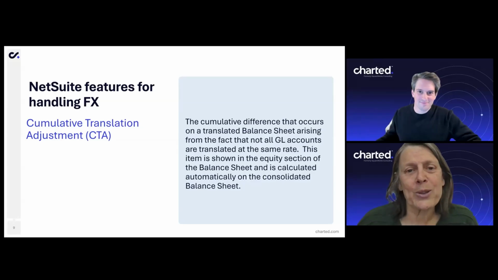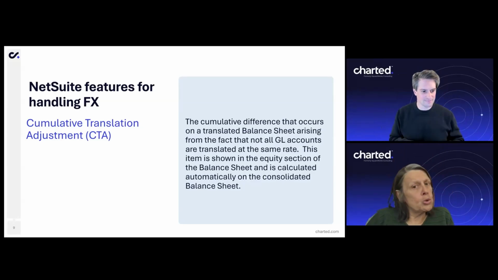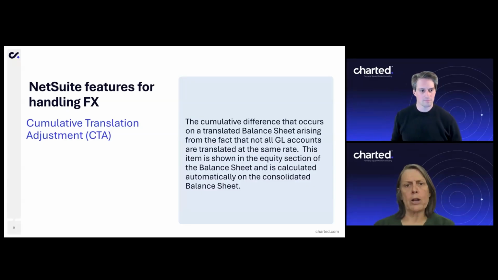Wow. That's quite the question. It is a great question. You should still be able to invoice in multiple currencies on one project, even if the project itself is denominated in a single currency, for things like project billing.